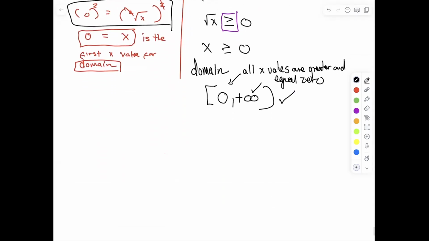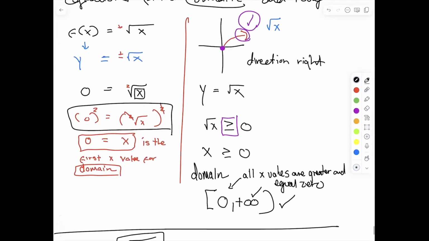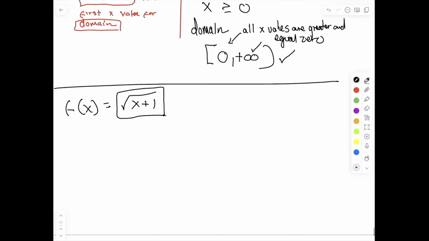So now let's do another example. What happens if you have f of x is equal to the square root of x plus 1? Well, like I said before, you take this value here, right? You have two ways of doing this. I find the left is a little bit more complicated. So I take the square root, x plus 1 is greater than or equal to 0.